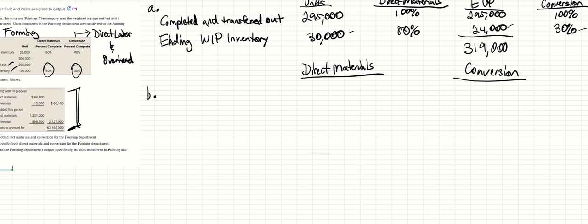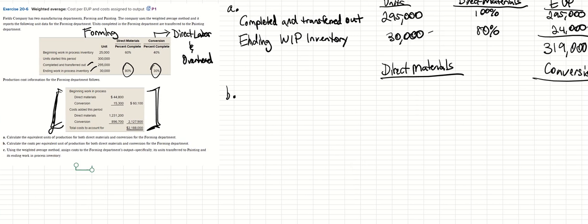All right. So the first thing we need to do is take our costs per the beginning work in process. So cost of beginning WIP. Okay, and the cost for beginning WIP specifically for direct materials is going to be $44,800.